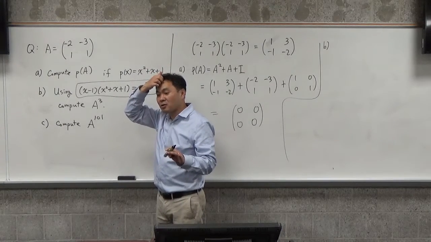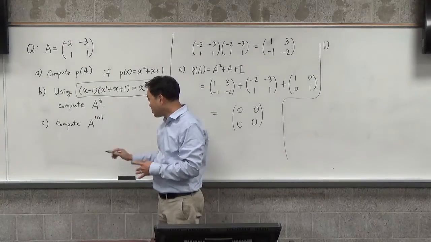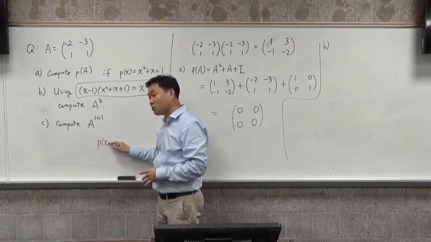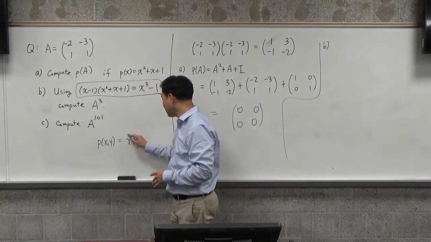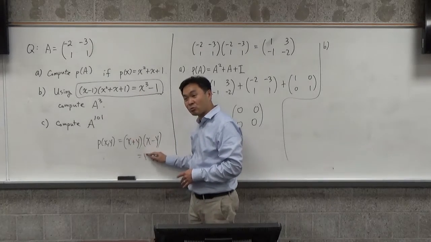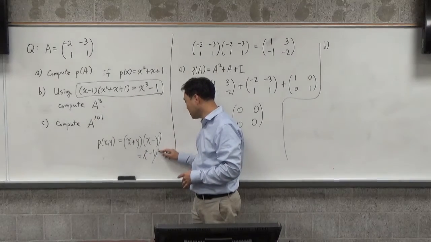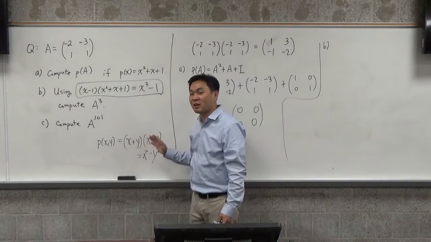Now, you should realize that sometimes you have polynomials in two variables, right? Something like x plus y times x minus y, and I know that this is equal to x squared minus y squared. Now, for polynomials with two variables, you can't do such a thing.